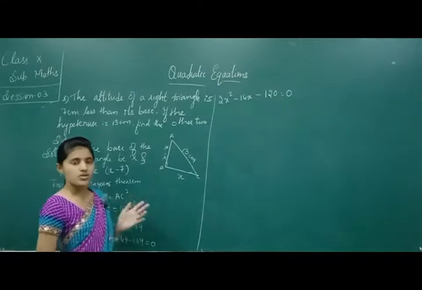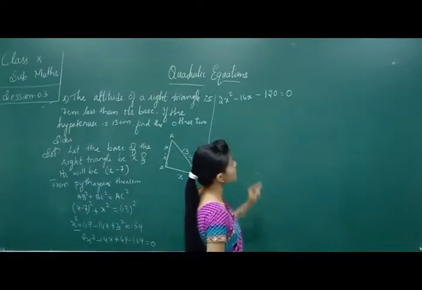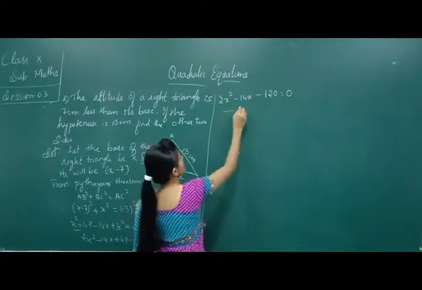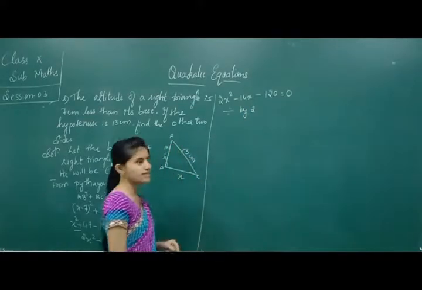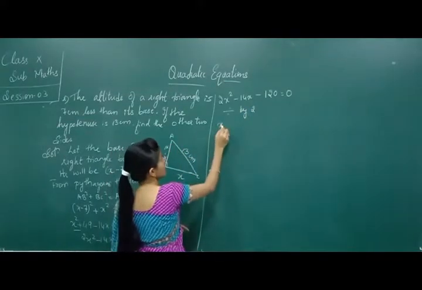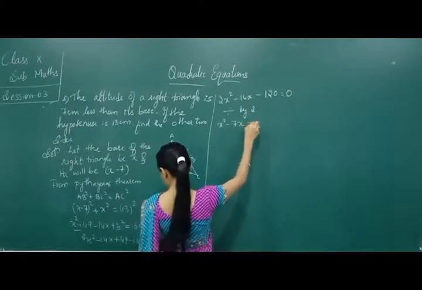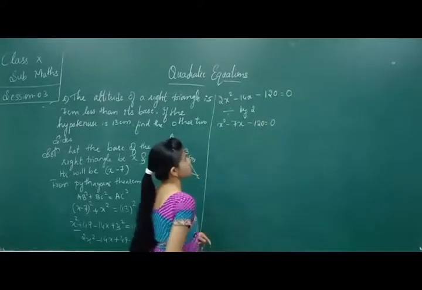As we had solved the previous equation, here all the numbers are multiples of 2. So what will I do? Divide this entire equation by 2. Then I am going to get x square minus 7x minus 60 is equal to 0.